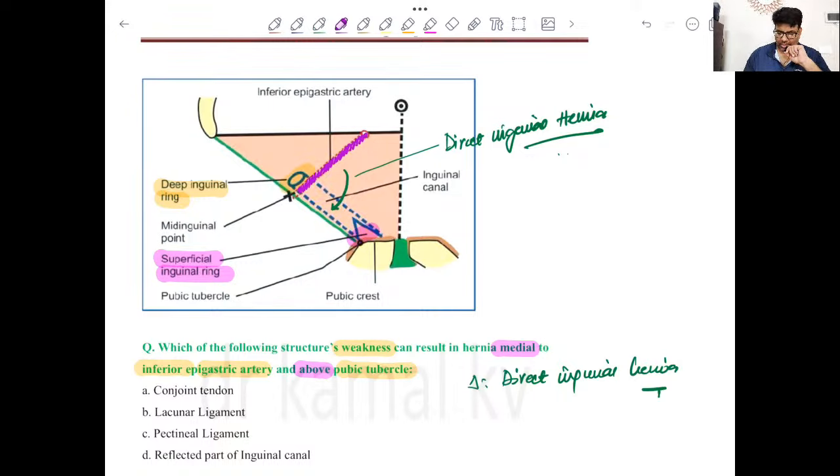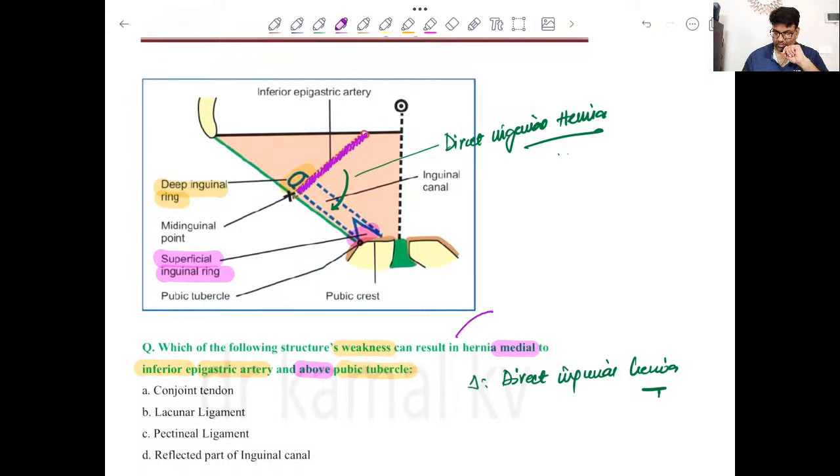Now it means the structure will be entering through the posterior wall of the inguinal canal. So the herniated bowel loop will enter through the posterior wall of the inguinal canal, and I just want to check how many of you can answer the structure which forms the posterior wall of the inguinal canal.